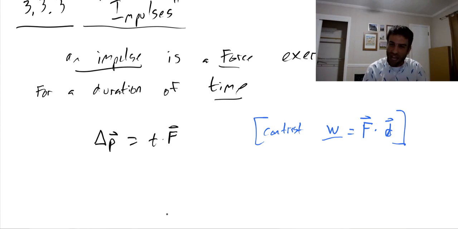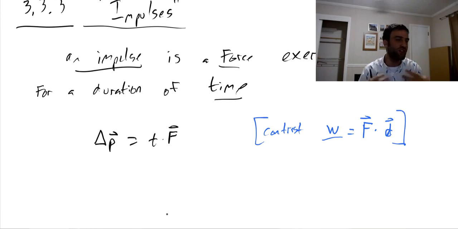So the fact that the duration of a collision matters explains why, for instance, cars have bumpers in the first place. The bumper is like a soft, more flexible material that allows a collision between two cars to happen over a longer time. Even if it's still a fraction of a second, it's longer than if you had no bumpers and it was just rigid steel and you had cars almost instantaneously colliding and bouncing off each other.